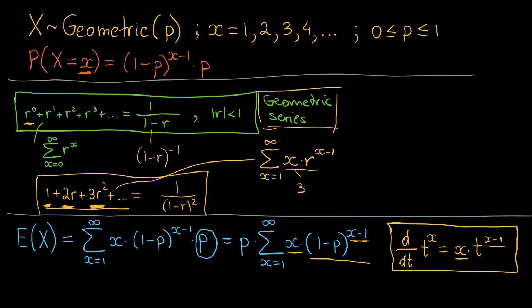Okay, and then I think that now that works for x equal 1, right? For x equal 1, we get this to be 1 times r to the power of 0, that's just 1. When x is 2, this is going to be 2 times r to the power of 1, which is good. When x is 3, this will be 3 times r to the power of 2. Okay, that works.